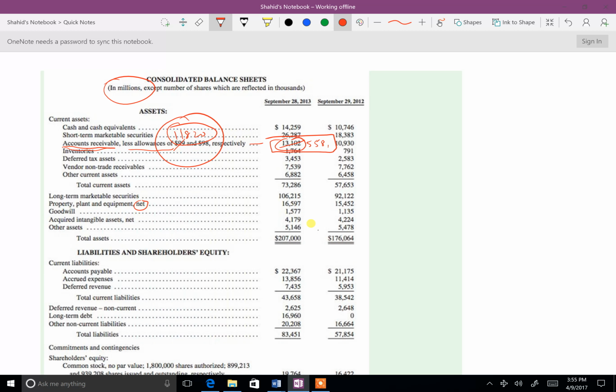Just like in chapter 7, when we were doing accounts receivable, do you remember we were doing the allowance, because we think that some of the accounts receivable will not get paid, and we call that bad debt expense, because that's the expense we incur to make sales on credit, right?